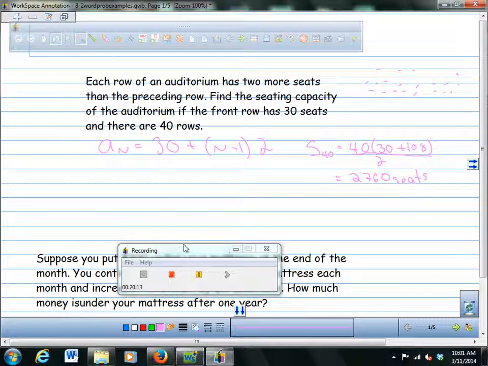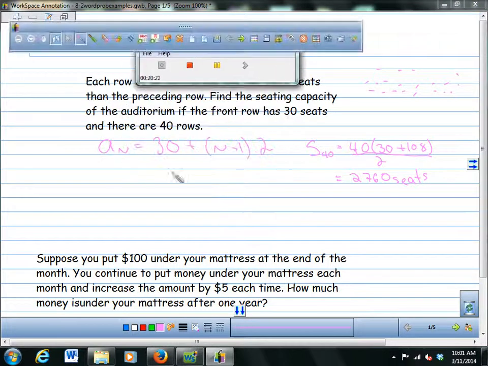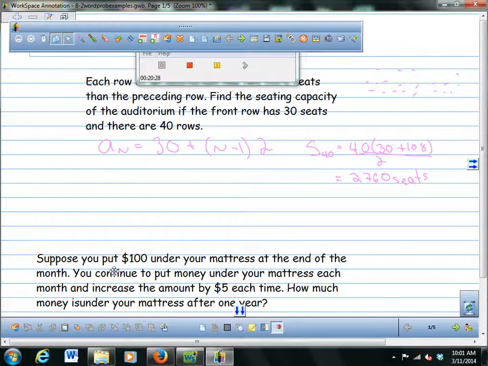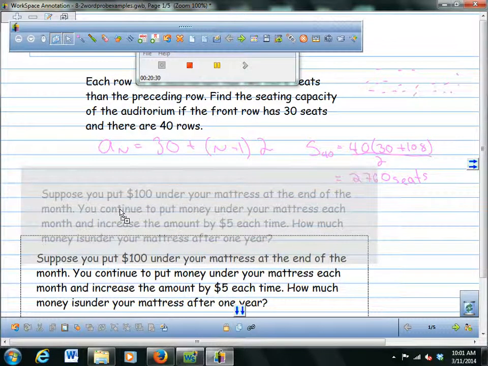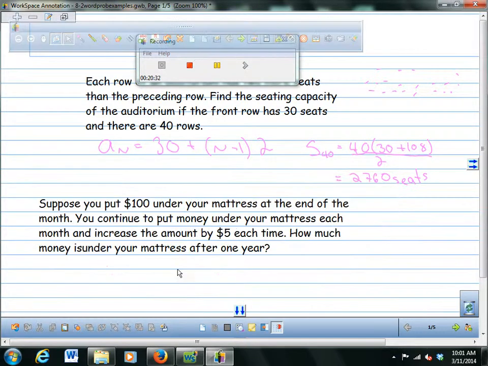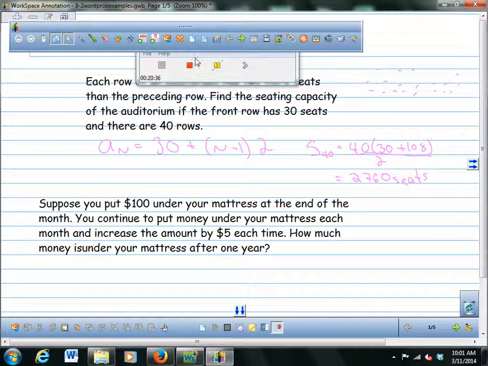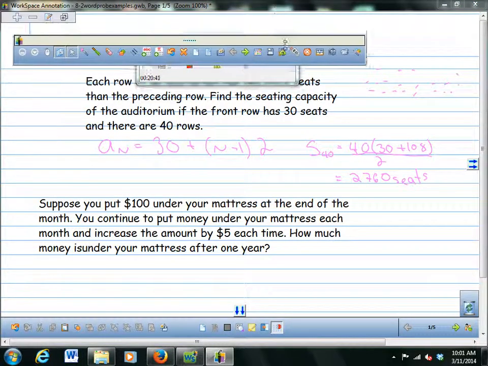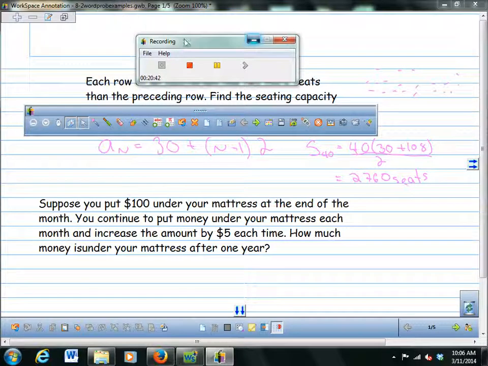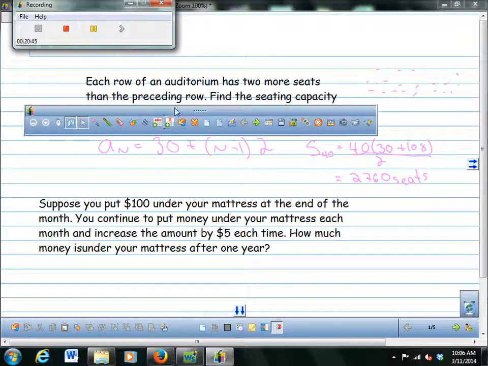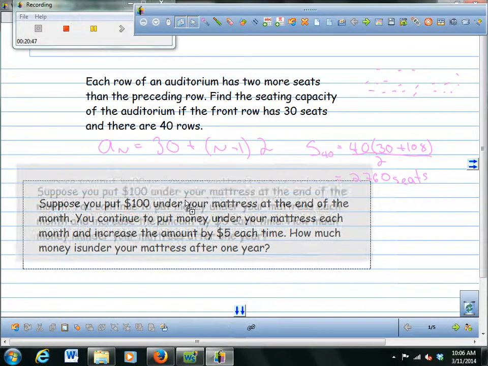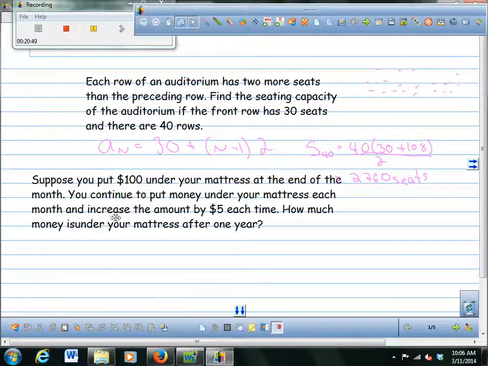I like this other problem better, because it's a little more involved and it's kind of fun. So let's do this one. Suppose you put $100 under your mattress at the end of the month.